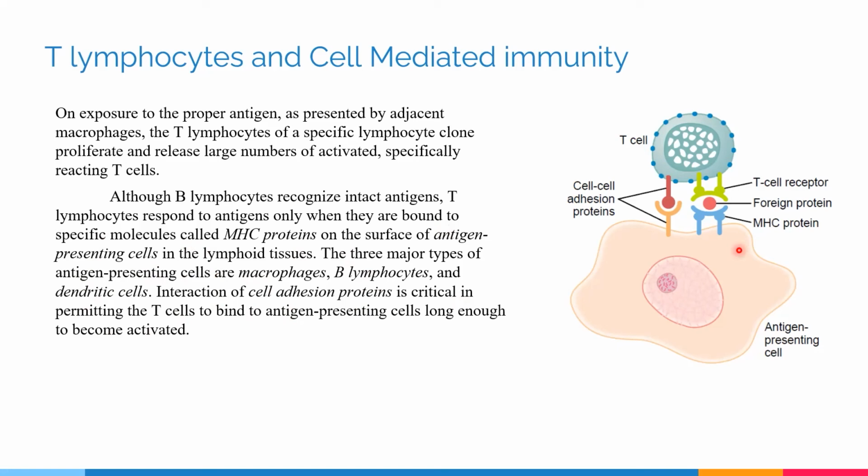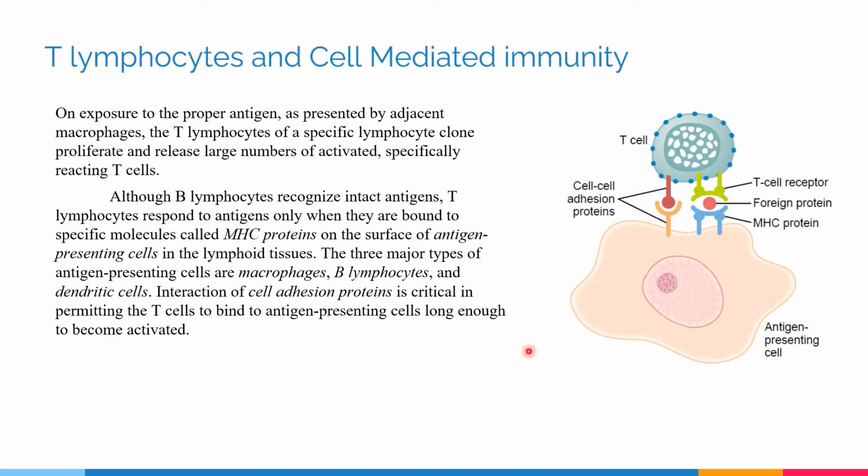The processed antigen is then recognized by the T cell receptor, and upon binding to this MHC and foreign protein complex, the T cell receptor allows the T cell to become activated. The cell adhesion proteins, which make sure that the antigen presenting cell and the T cell are bound together while this activation process is going on, favor the activation of T cells.